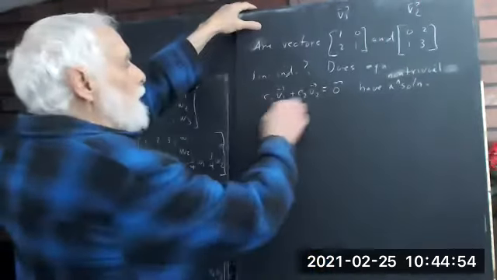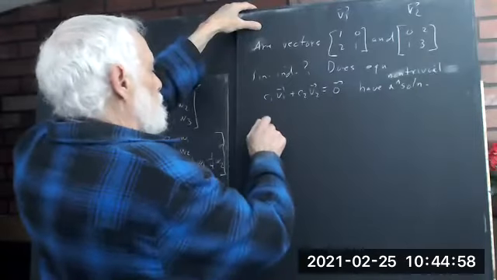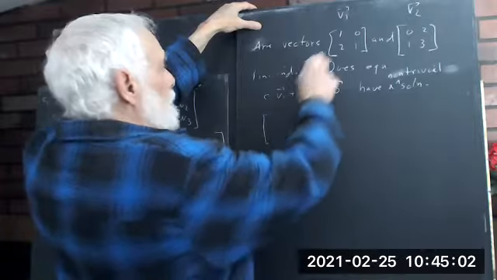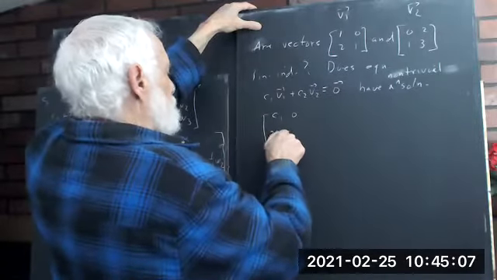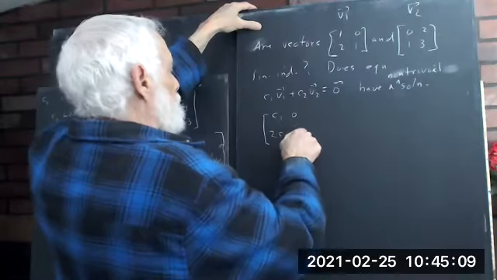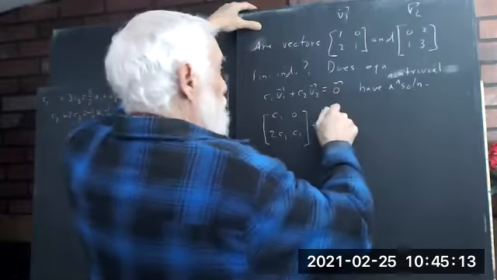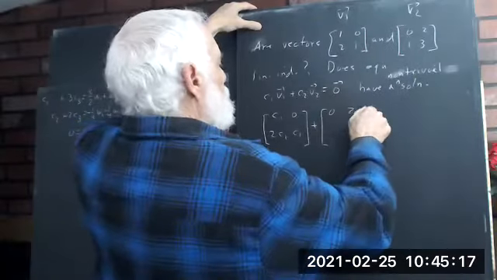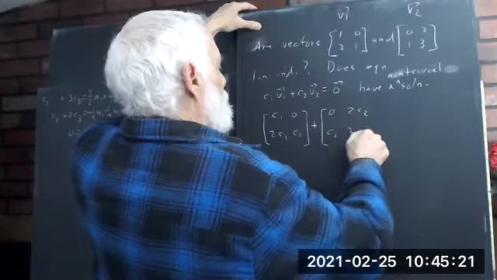Okay, well, what does this system look like? Well, C1 times V1 is just C1, 0, 2C1, C1, plus C2 times V2, 0, 2C2, C2, 3C2.